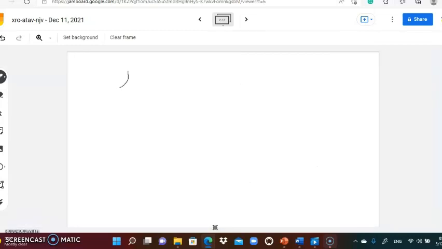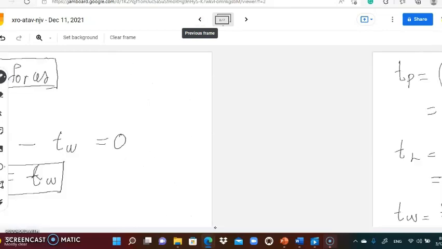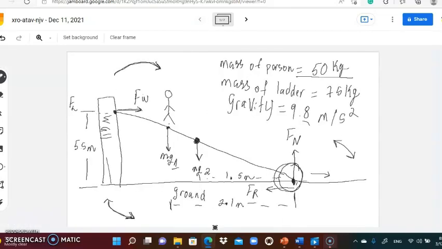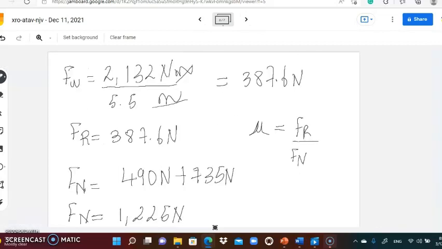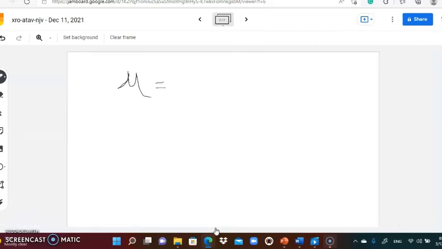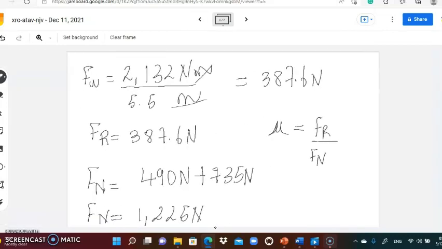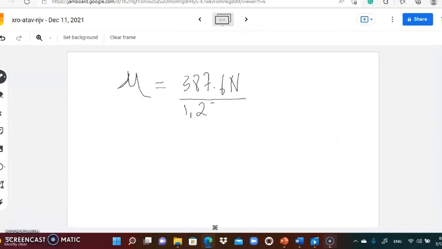Hence, the coefficient of friction between the ladder and the ground is that frictional force divided by my normal force at that point, which is 387.6 newtons divided by my normal force, which is 1,225 newtons, and that is going to give me 0.316.